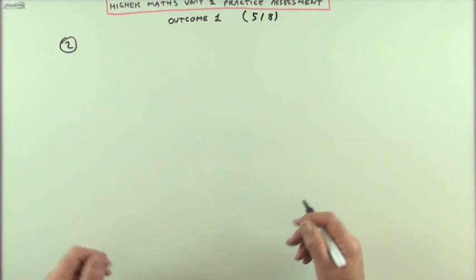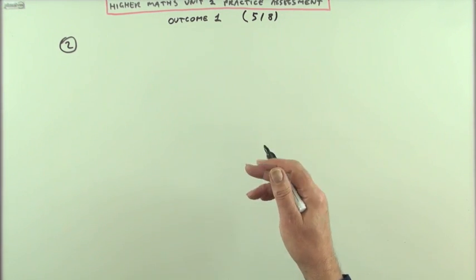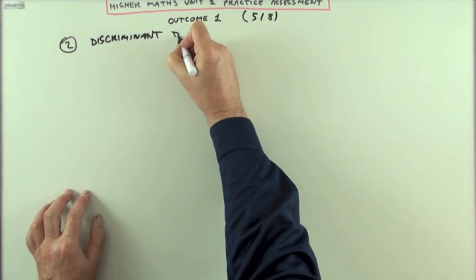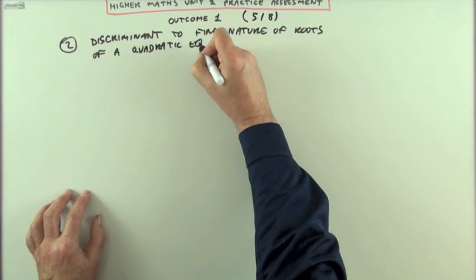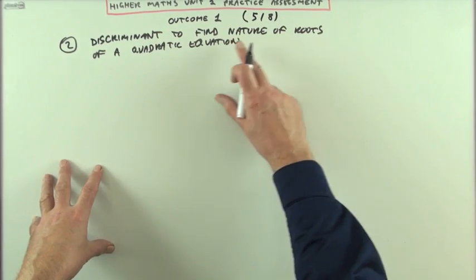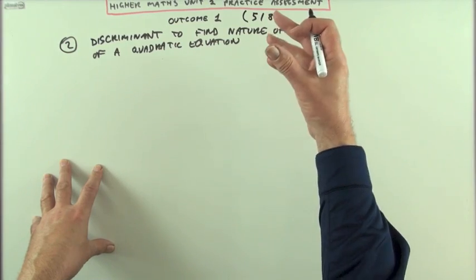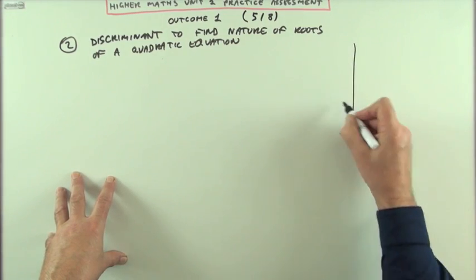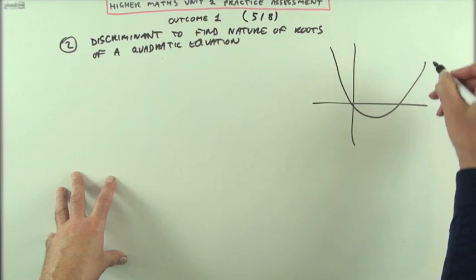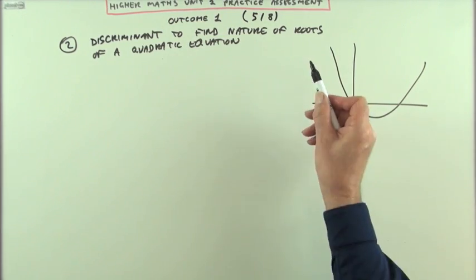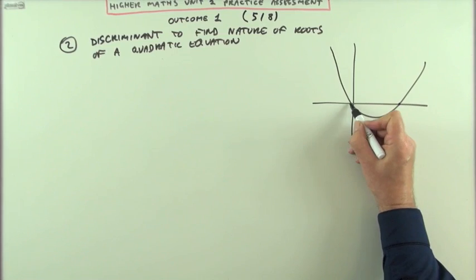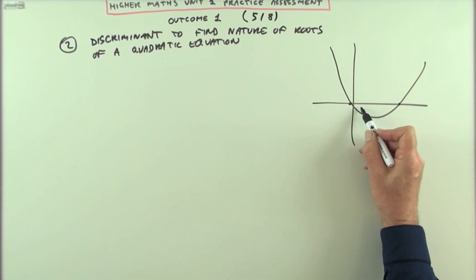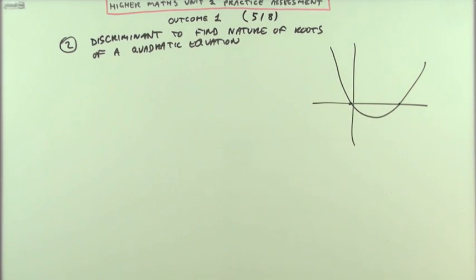Now the second question is using the discriminant to find the nature of the roots of a quadratic equation. Again, the roots of an equation simply means the values of the variable that produce an answer of 0. Graphically, if I have a quadratic, then those roots would be the values of x, or the variable, that produce an answer of 0. In other words, the intersection with the axis.